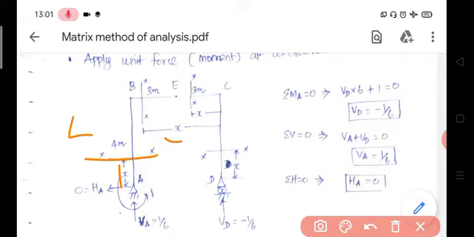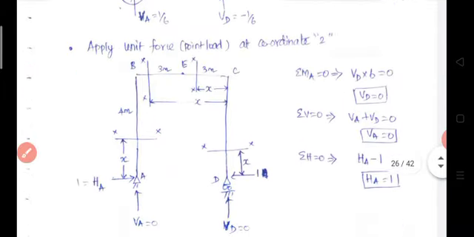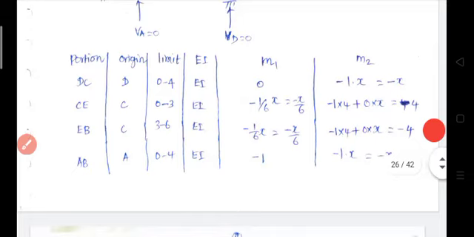Then bending moment on the left of the section XX: this 1 kilonewton meter moment creates hogging moment, that is minus 1, then HA is 0, so it can't produce any moment, and V also can't produce any moment. Therefore, the final M1 is equal to minus 1.